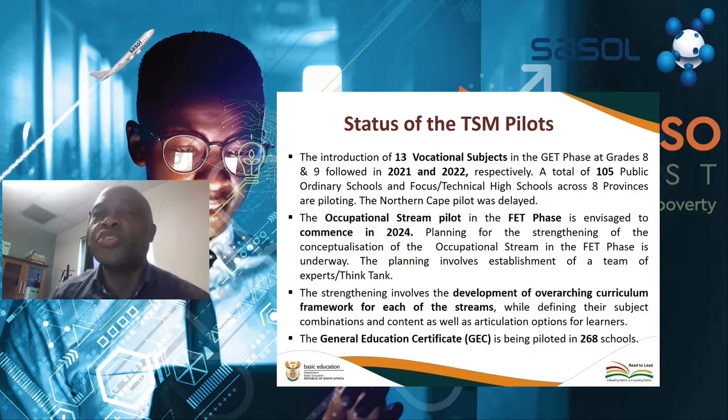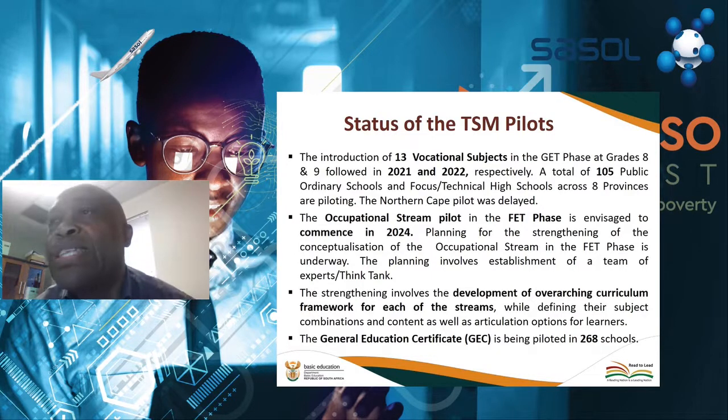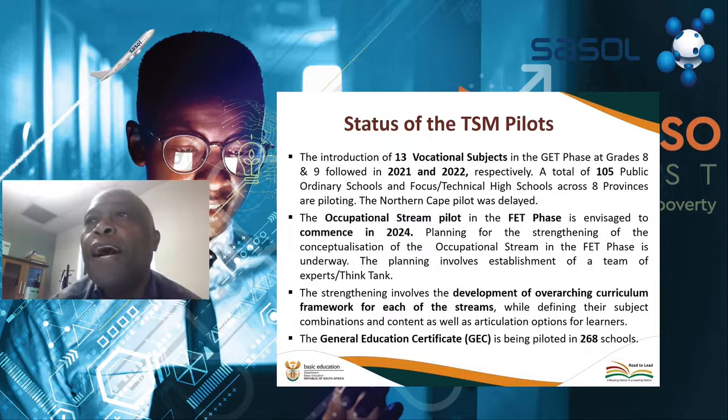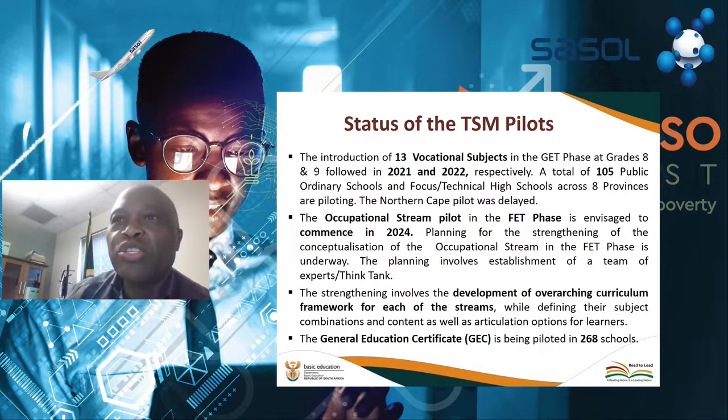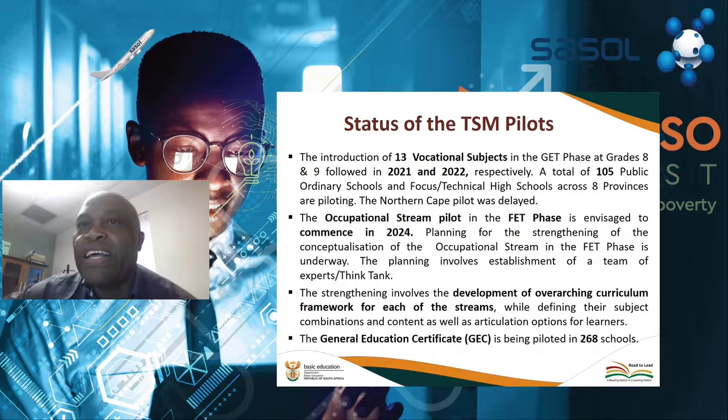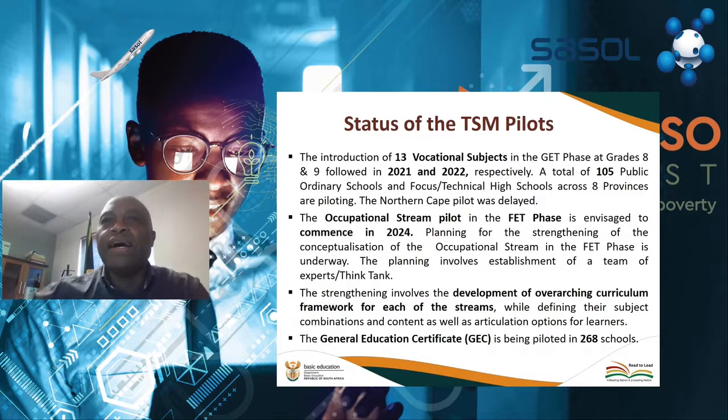The plan is to start this year and continue into 2023, so that by 2024 we should have the draft curriculum at FET level, so that we can allow articulation from GET into FET, and the pilot starting in 2024. The strengthening involves the development of an overarching curriculum framework for each of the streams, while defining their subject combinations and content, as well as articulation options for learners.